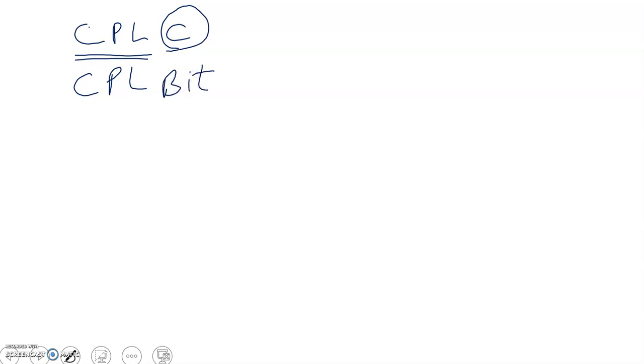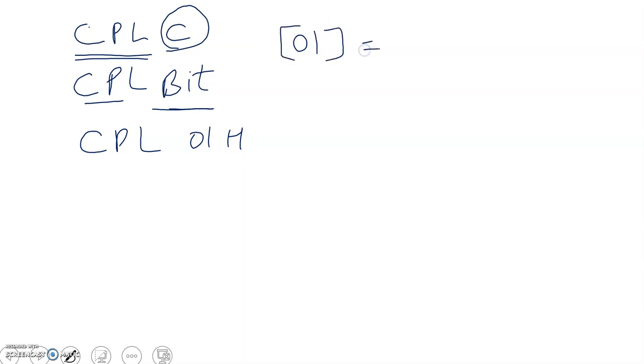Remember, there is no comma between the instruction and the bit. Like I use CPL 01H. Say, for example, in 01H 1 was stored, so after this instruction the value of this address will become 0. So the complementary action will take place.